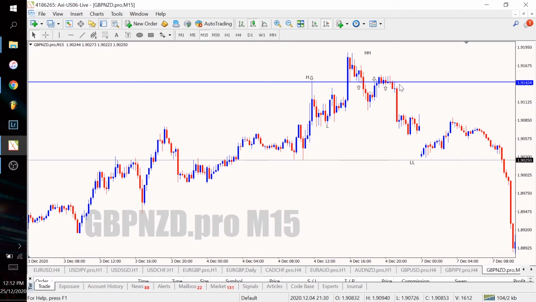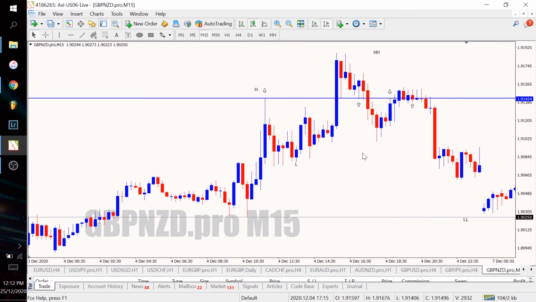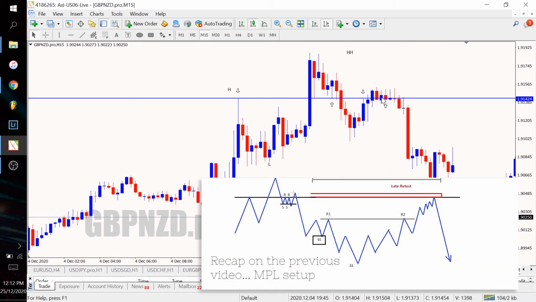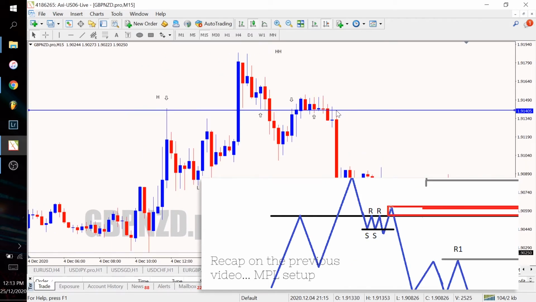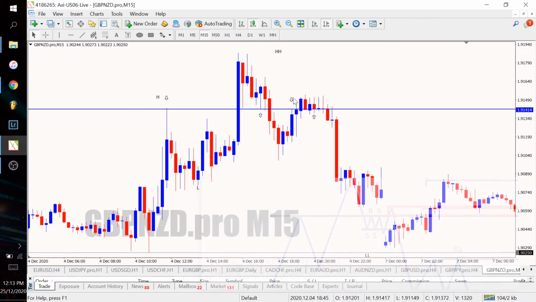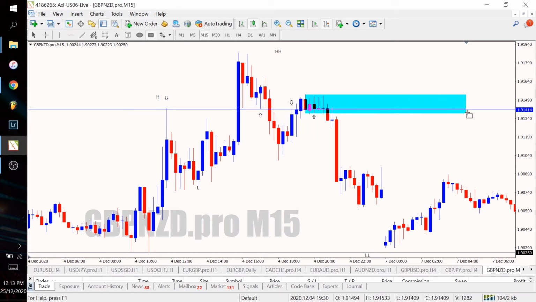So this is our decision point. Look at these few candles here, exactly here. So we had the rally, had the base, and we had the drop, and then we moved down quite a bit, quite a fair bit. So let's just put it exactly at this level. So this is our supply zone, our MPL zone.